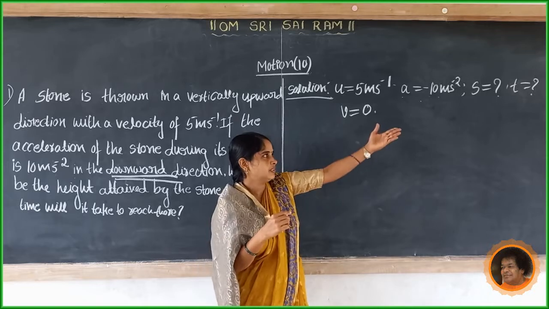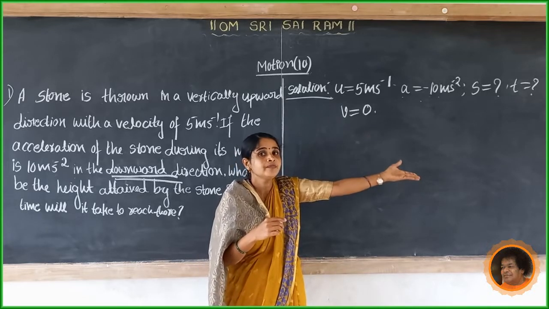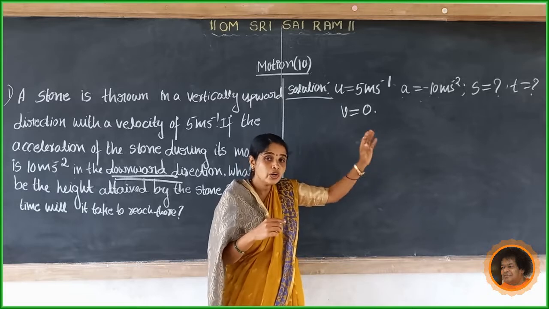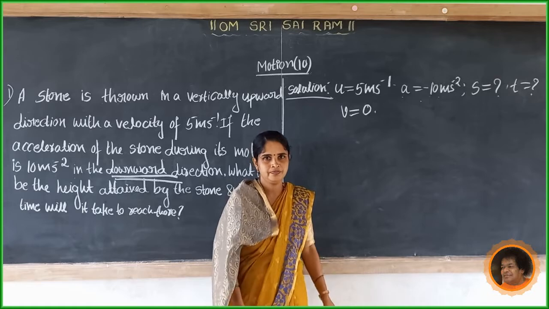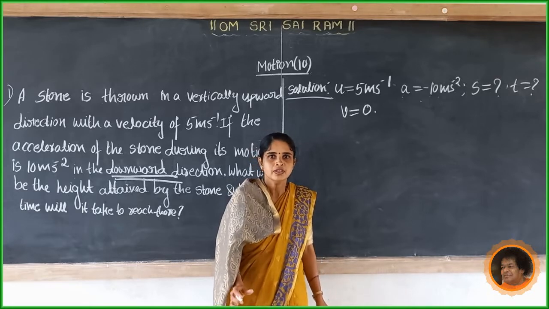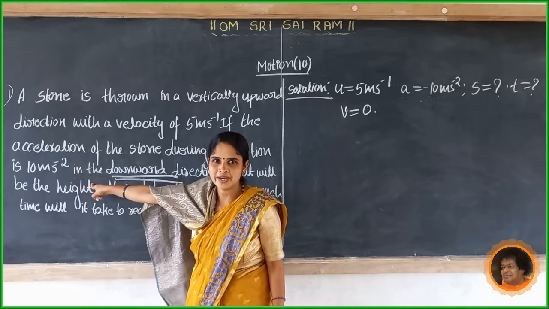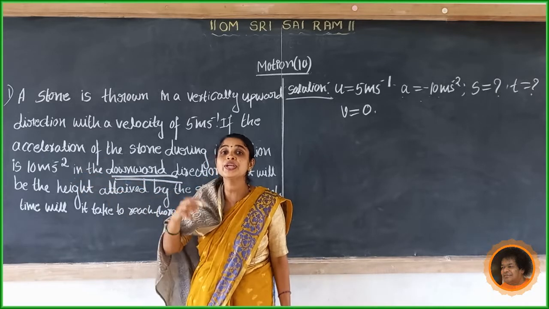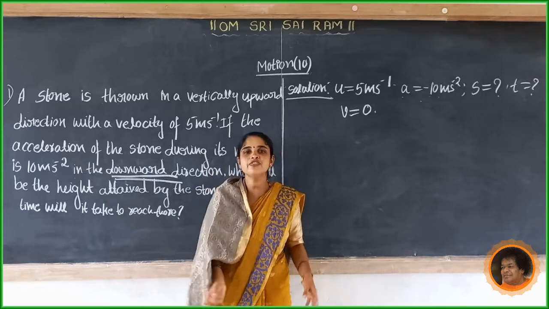After t seconds, the t value is not given here, the stone's velocity becomes 0. So it falls down with the acceleration of 10 meters per second squared. It is the acceleration due to gravity; the stone is a freely falling body.